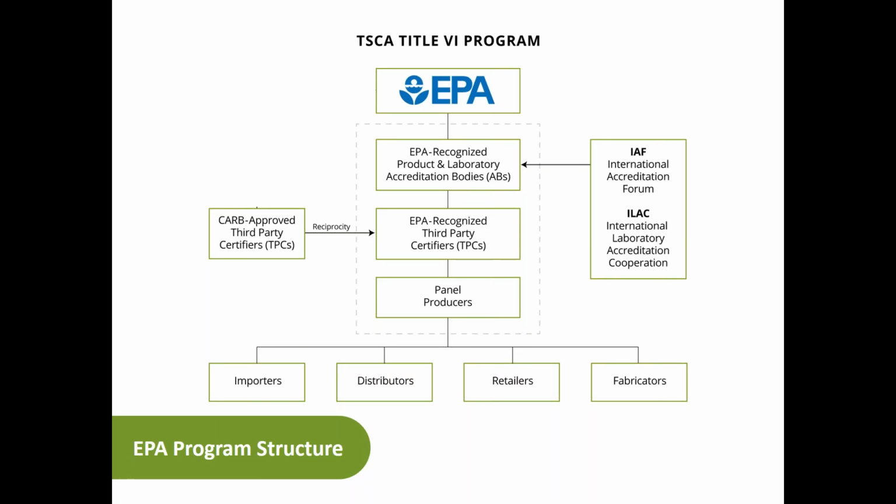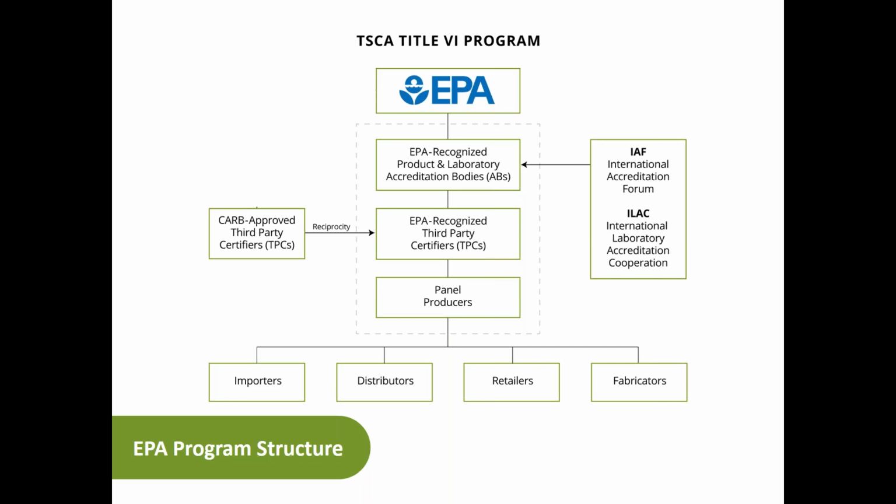To give a little bit of background, the EPA provided several webinars earlier in 2016 and throughout the year to manufacturers, retailers, anyone affected by the regulation, accreditation bodies, and certification bodies. Because there were such differences within the CARB criteria for these entities, I want to start by recognizing the steps that the EPA took. First, recognizing and approving accreditation bodies.